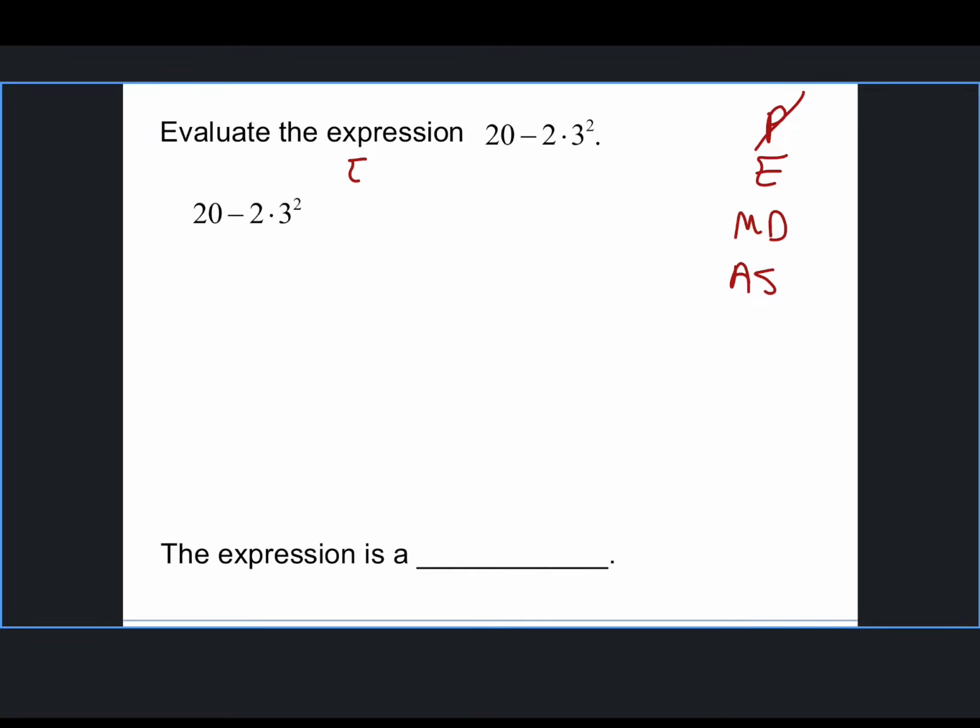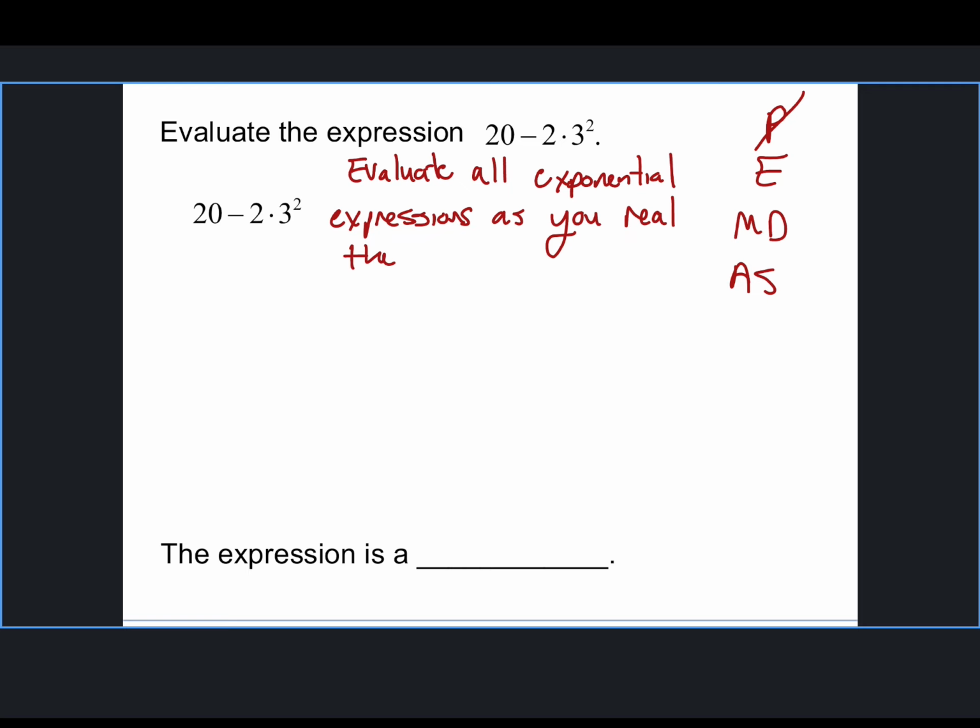So we evaluate all exponential expressions as you read the arithmetic expression from left to right.